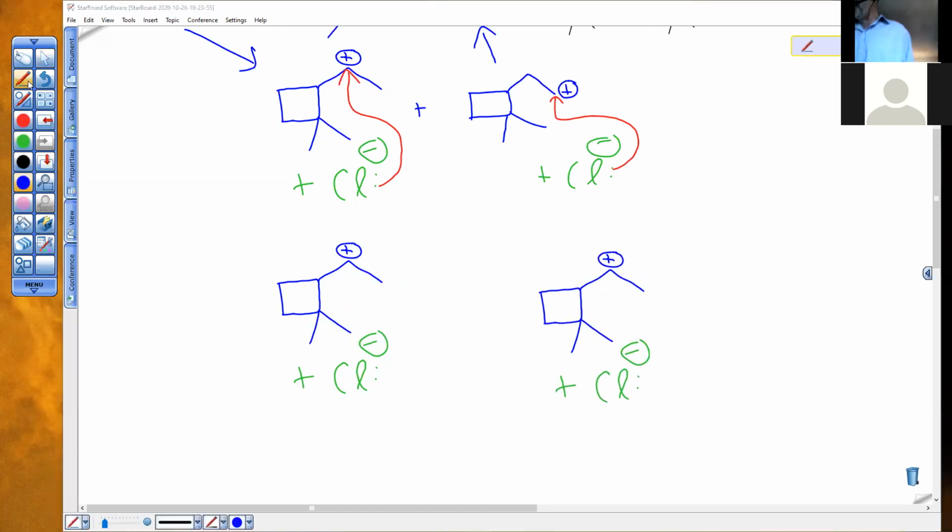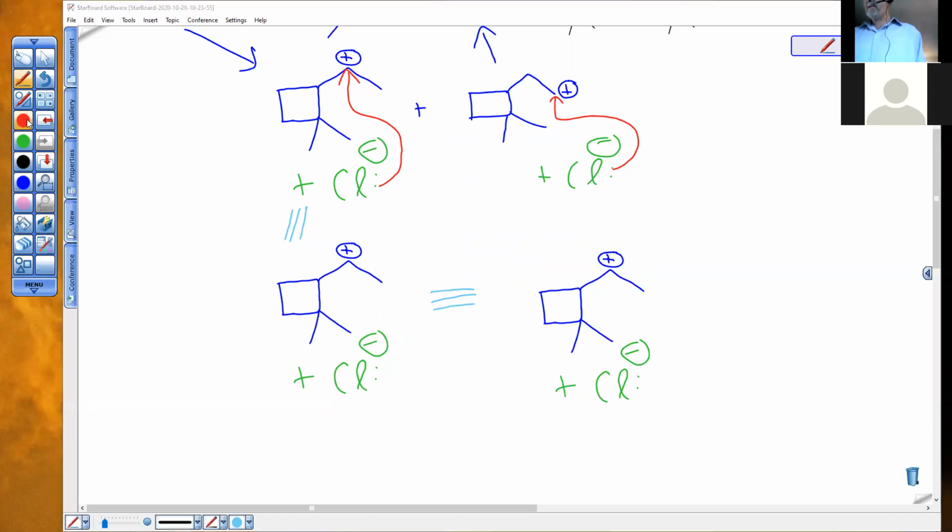You have to spend this time, because when you do a mechanism and you have some of the molecules doing one thing and some doing another thing, I've had students try to do 2 things on one molecule. That's insane. A molecule can only do one thing at a time.